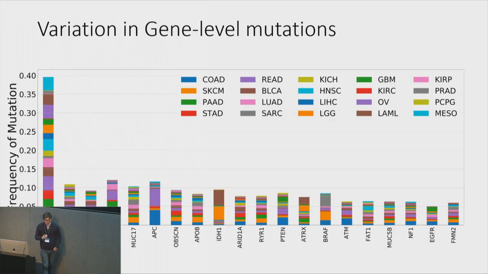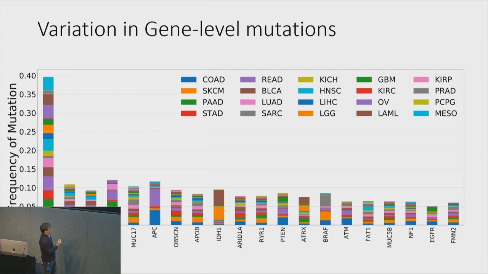Now, if you zoom in a little bit more and go to the gene level, along the x-axis you have different genes, and you can look at the frequencies of mutations overall, pan-cancer, and also within the different cohorts. These are the frequencies of the mutations, colored by the relative frequency for different cohorts. There are two things to point out here.